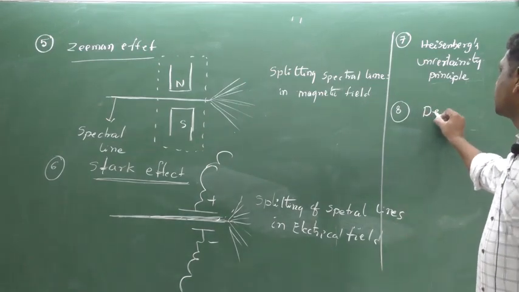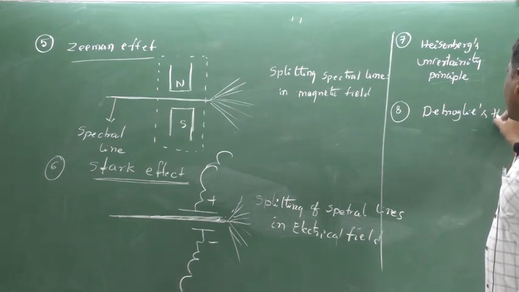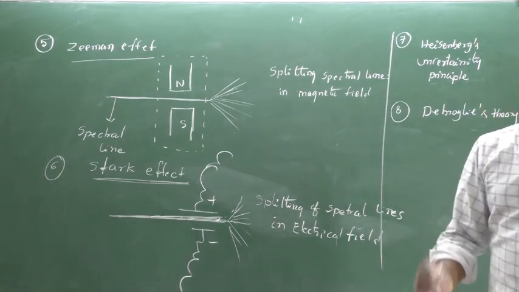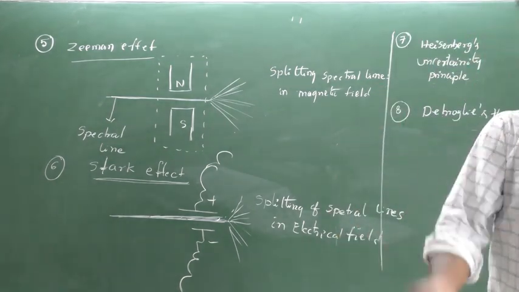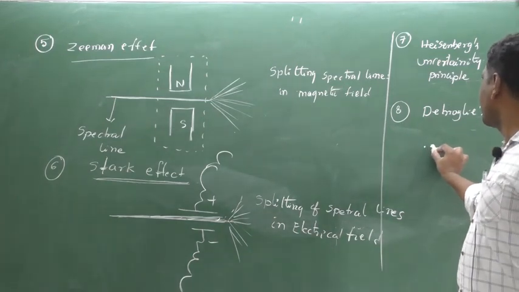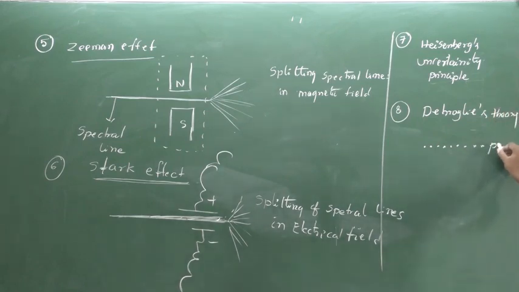According to de Broglie, the electron has both particle nature and wave nature. So the electron moves from one place to another place with particle nature and also wave nature like this.